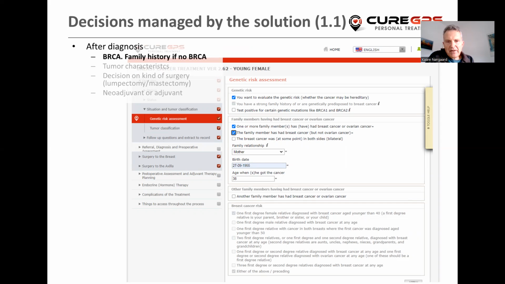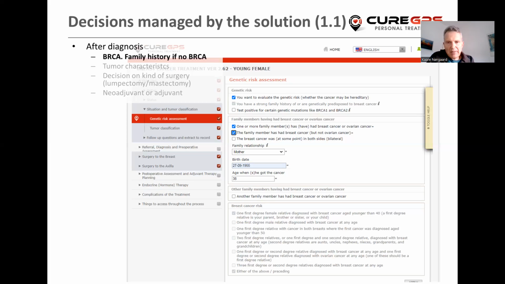In order to determine that, if there's a BRCA test, it's quite easy. You have an elevated risk. If there's no BRCA test or it's negative, then you have to look at the family. And the example we have shown here is that if the mother had breast cancer at the age of 38, then there's an elevated risk.